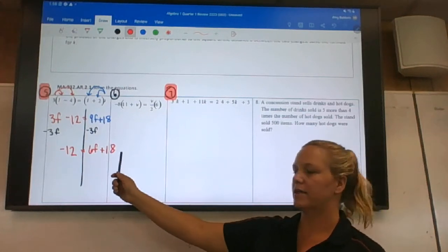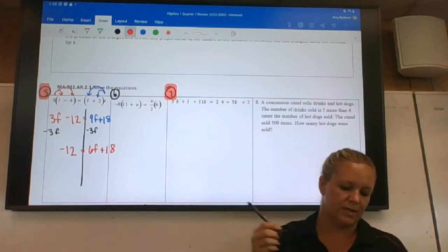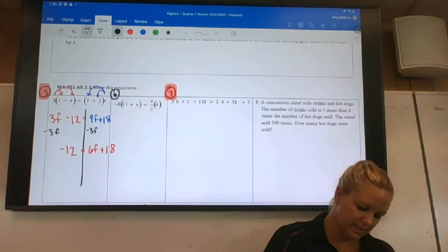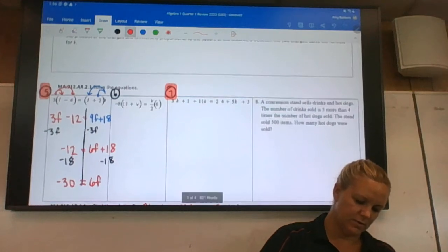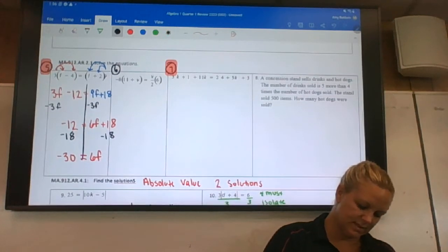And now I'm going to bring the constant over. It's a positive 18, so I'll subtract it. And we're almost done. Divide by 6. Negative 5.